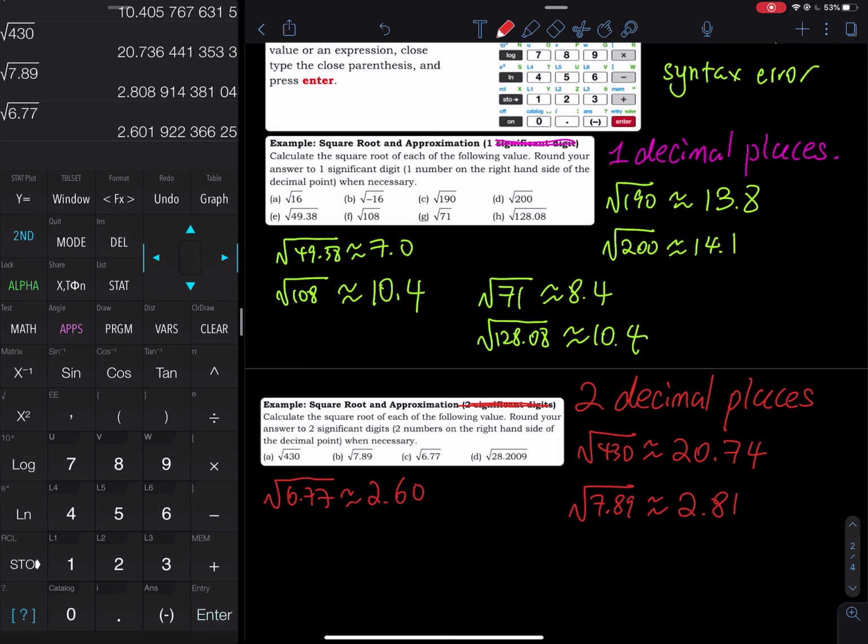And then the square root of 28.2009 is around 5.31. All right, so that's the second example.